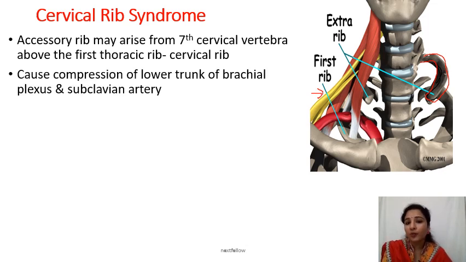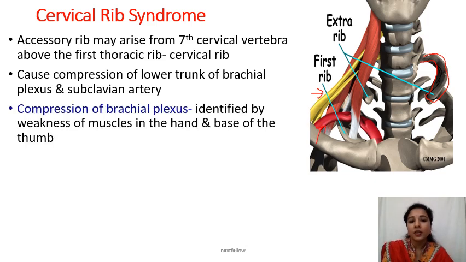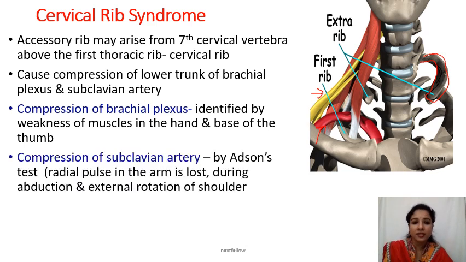It causes compression of the lower trunk of brachial plexus and the subclavian artery. So not only the brachial plexus, you can see the subclavian artery also may get compressed. Compression of brachial plexus is identified by weakness of the muscles in the hand, especially the base of the thumb, and tingling and numbness sensations.